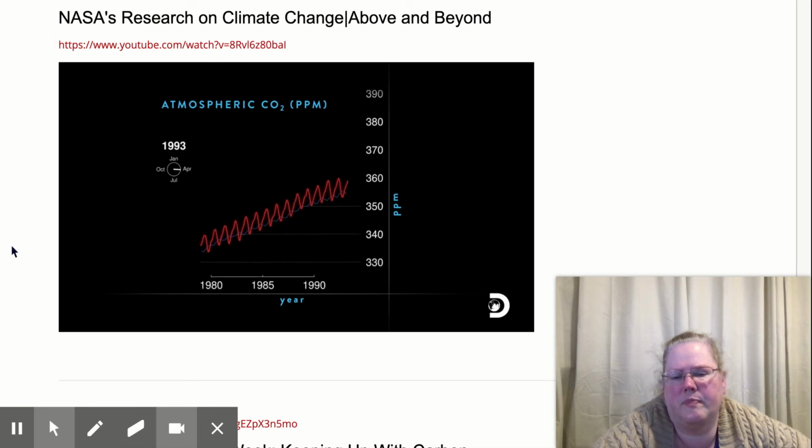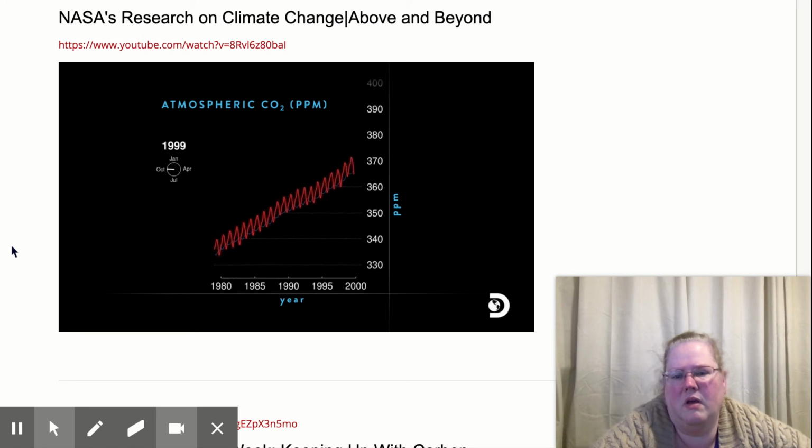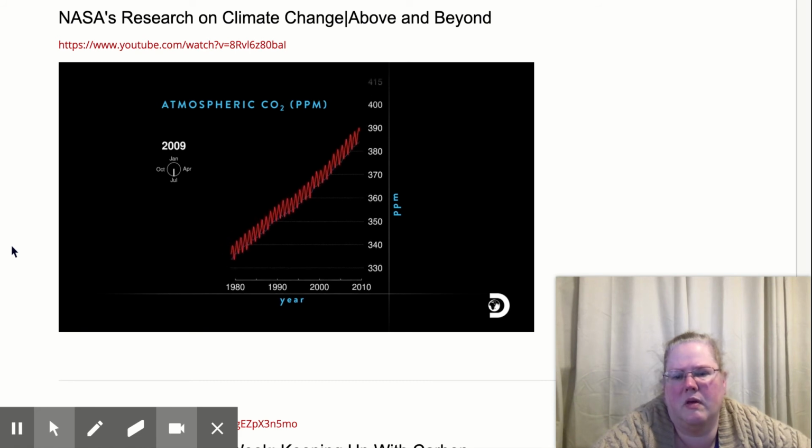In 1989 was the last time we saw 350 parts per million. And it appears that 2016 will be the last time that CO2 dipped below 400 parts per million.